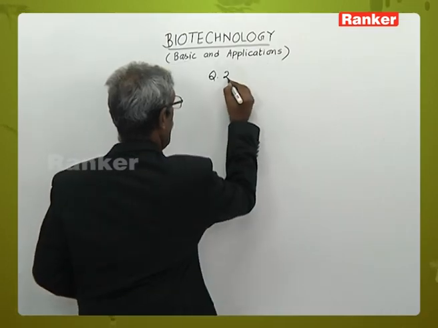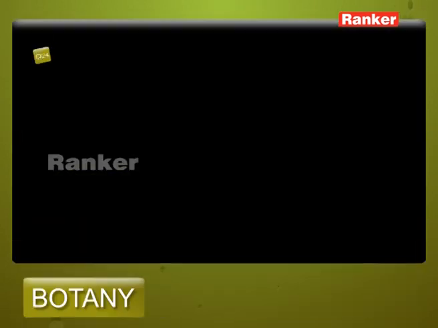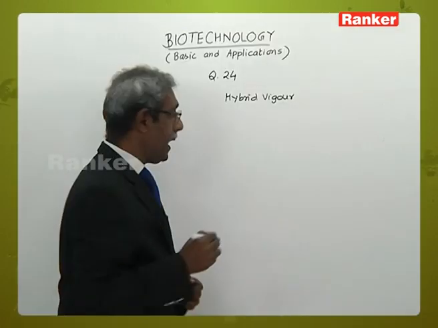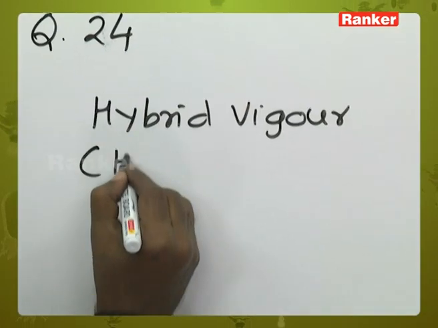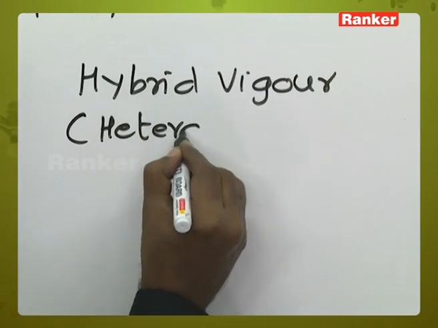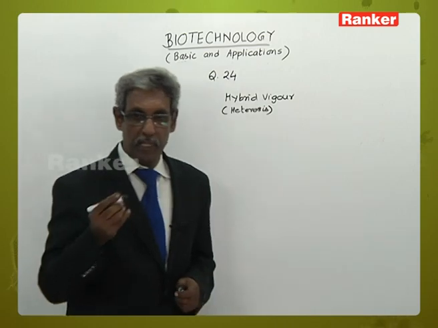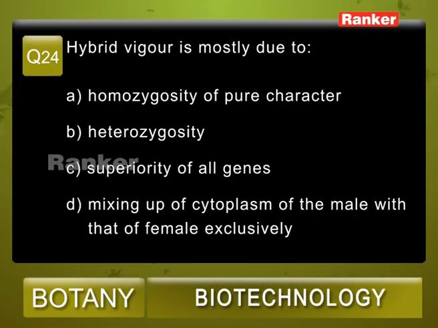Question number 24 asks, what is hybrid vigor? Hybrid vigor or heterosis is mostly due to, the choices are: A, homozygosity of pure character; B, heterozygosity; C, superiority of all genes; D, mixing up of the cytoplasm of the male with that of the female exclusively.